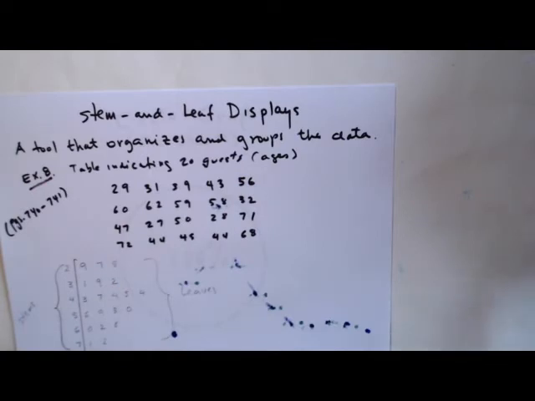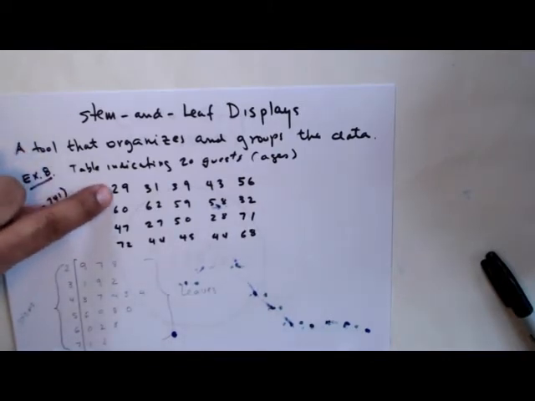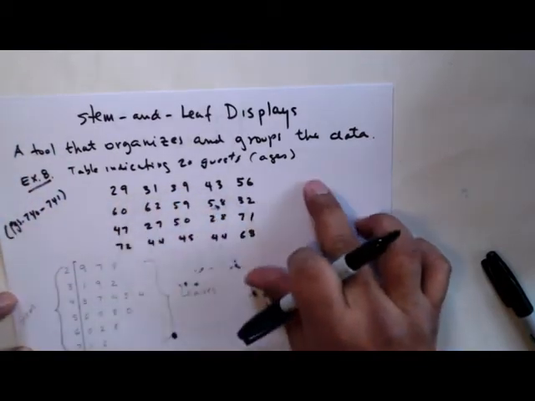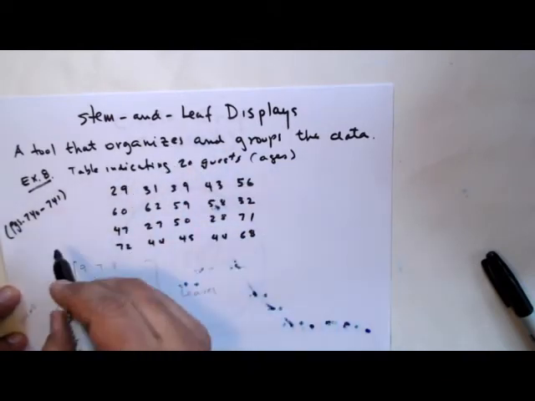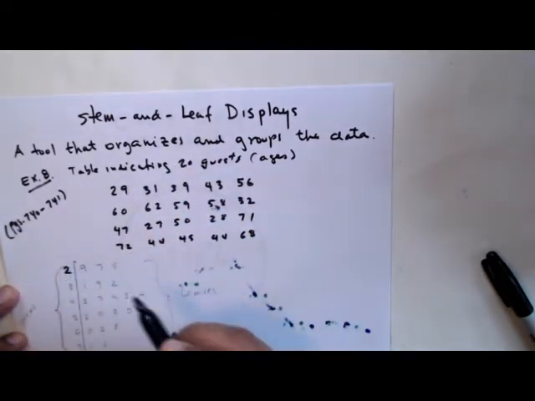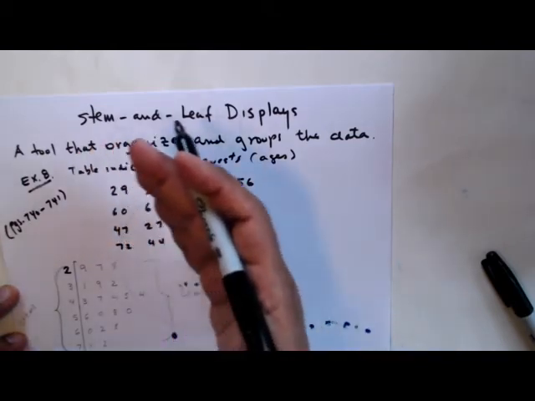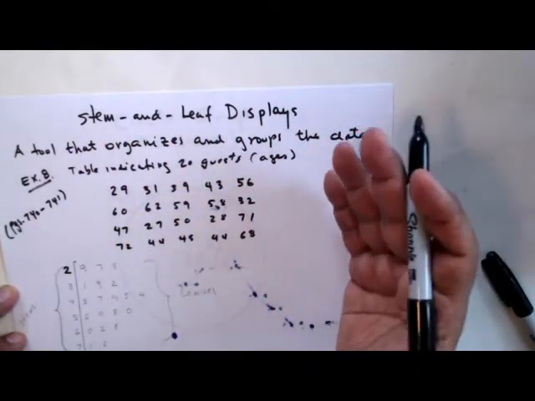And the stems basically means that you need to write the first number that appears on your list. Basically, in this case, it is 29, so you write 2. And this is also organized in a nice way.